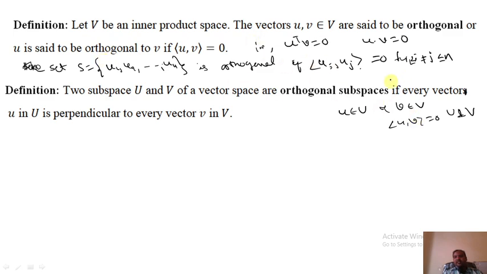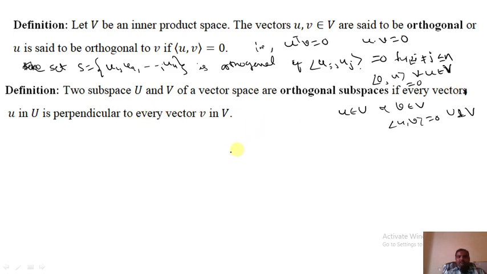Now observe the orthogonal vectors. Take the 0 vector, 0 of U, and any v belonging to V. You know this inner product is 0. That means the 0 vector is orthogonal to every vector. So 0 is always orthogonal to every vector.